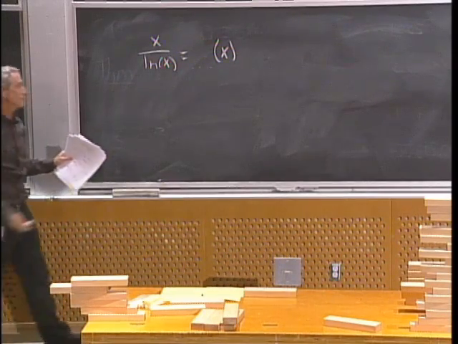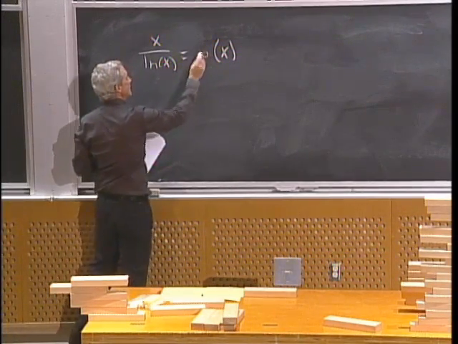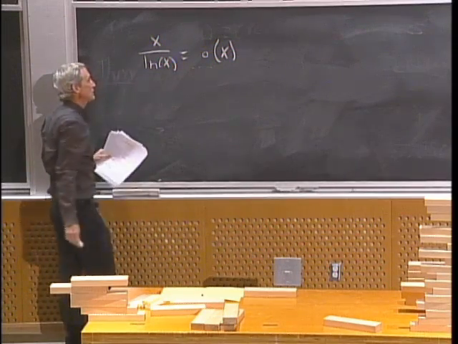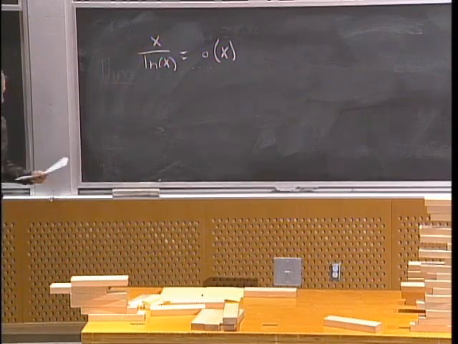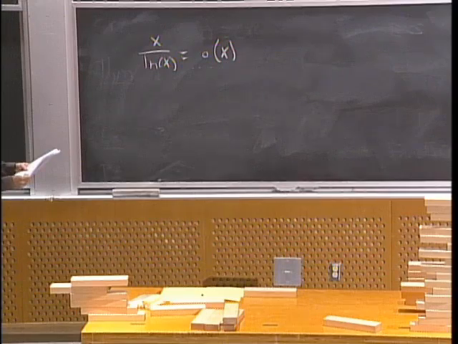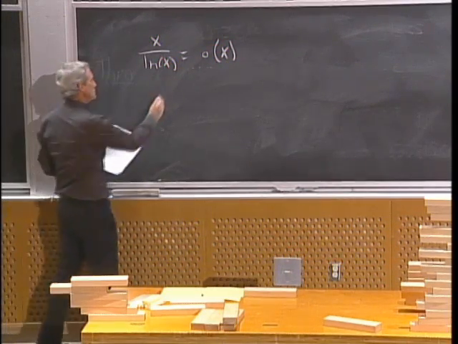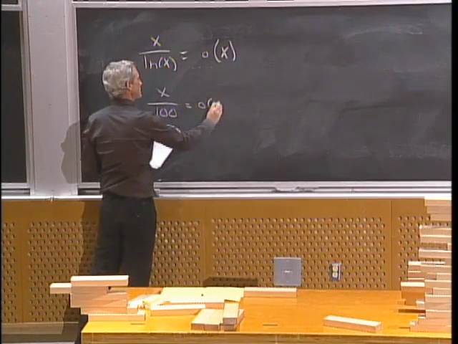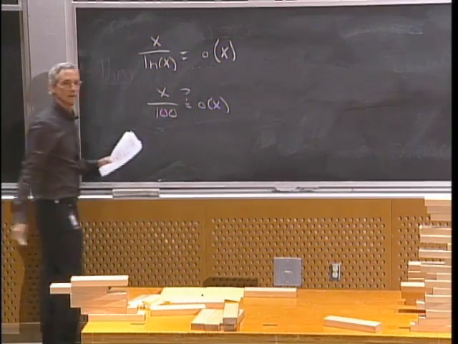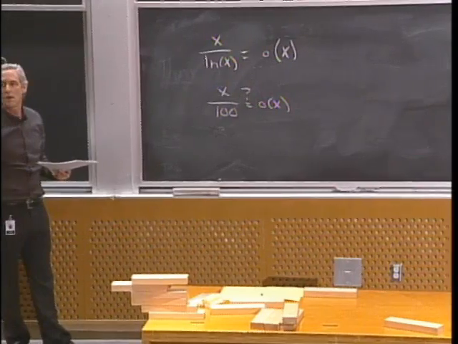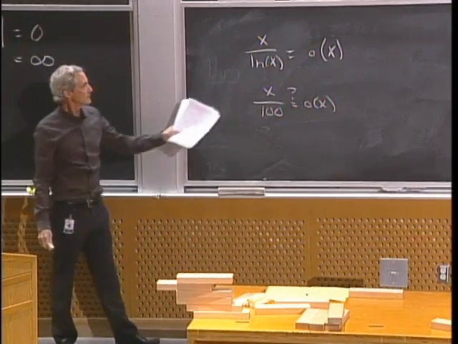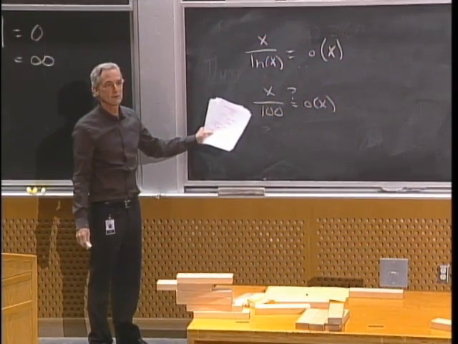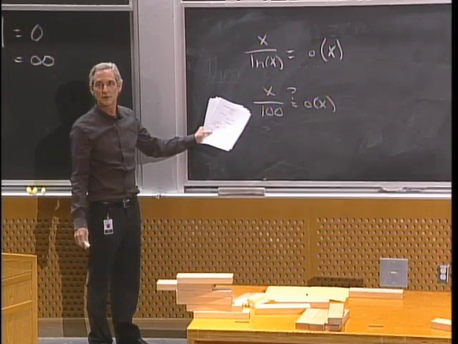Little o. This grows strictly smaller than that. If I took the ratio and took the limit, we got 0. So that's little o. Okay. Is this true? X over 100, is that little o of x? No. The limit of the ratio is 1 over 100. That's bigger than 0. Constants don't matter.